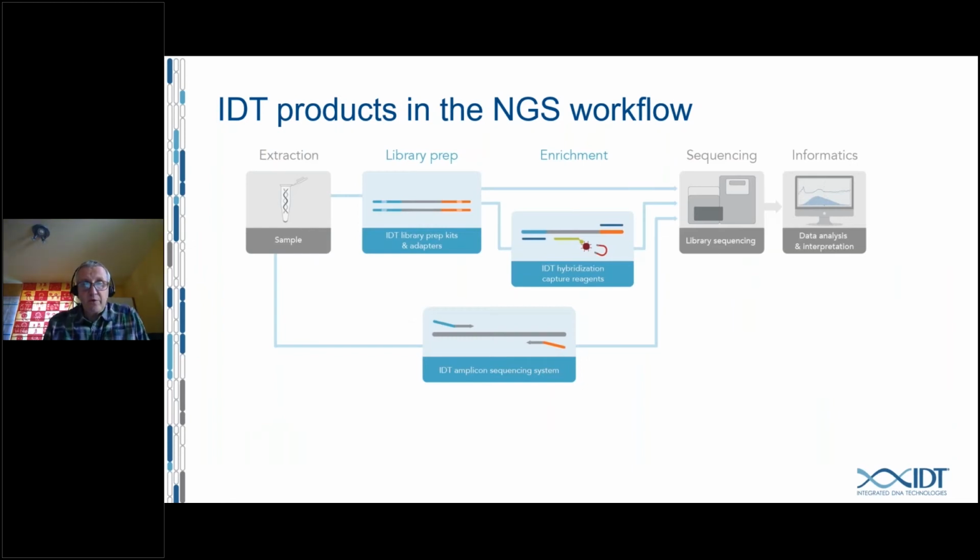If we take a closer look on an NGS workflow, typically such a flow starts with extraction of the DNA or RNA out of the sample. Typically, the first step will be a library prep, from which you can directly go into sequencing for applications such as whole genome sequencing or methylation analysis.